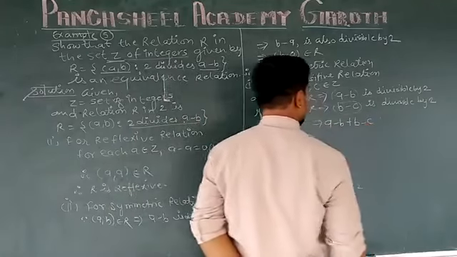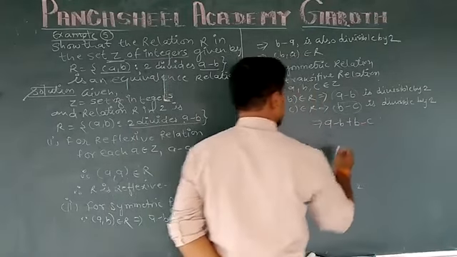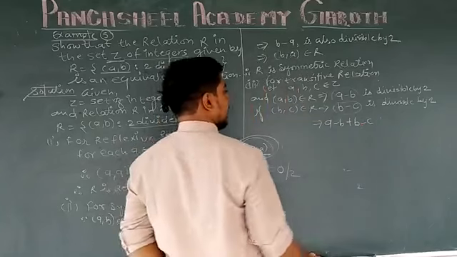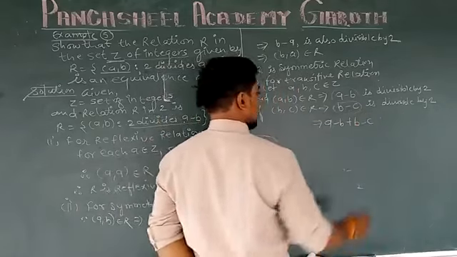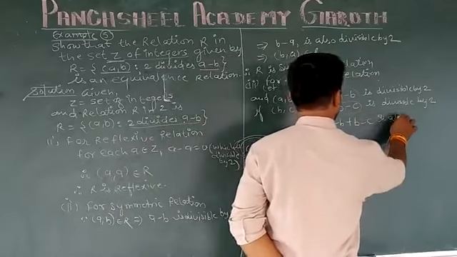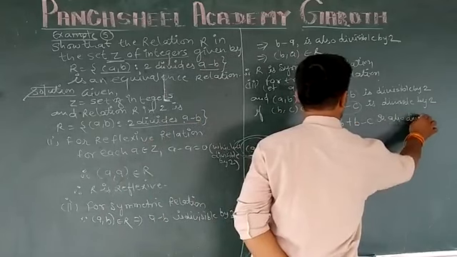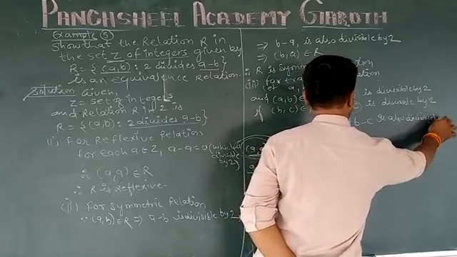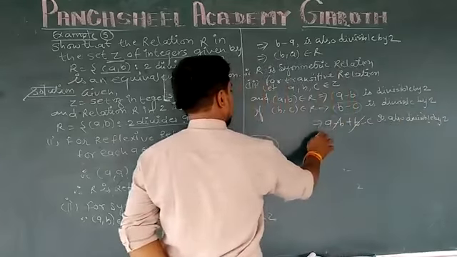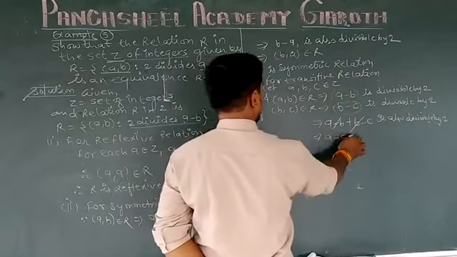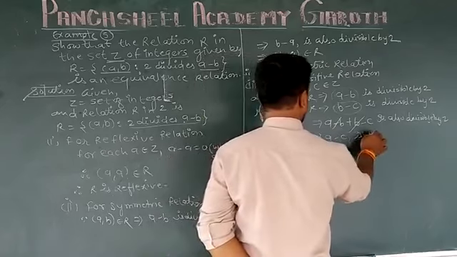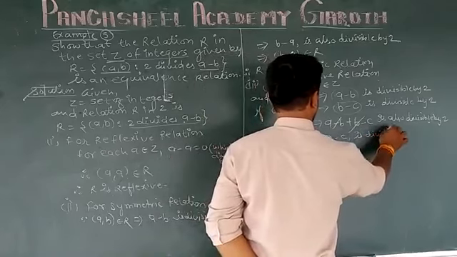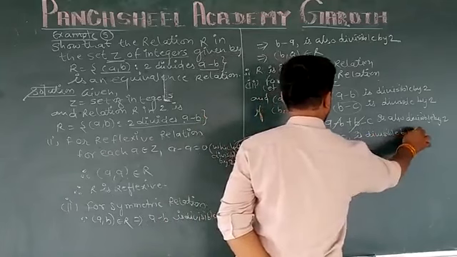So a minus b plus b minus c is also divisible by 2. After cancelling, we get a minus c is divisible by 2.